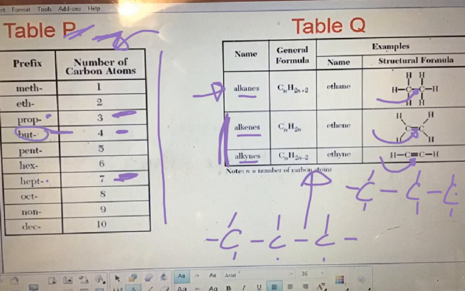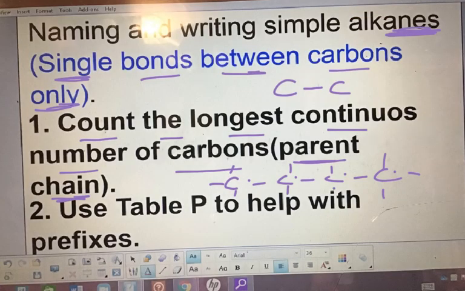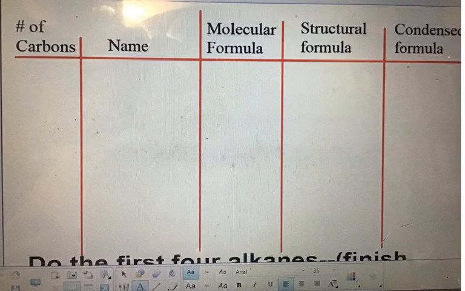It has to be but, B-U-T. So you write but down, and since there are only single bonds between the carbons, you add A-N-E at the end, and you get butane. That's your guy right there. So we use Table P to help us. Okay, so let's go to this page right here. This is our last page. Now, here's what I want you to do, guys. I'm going to do 2 examples.